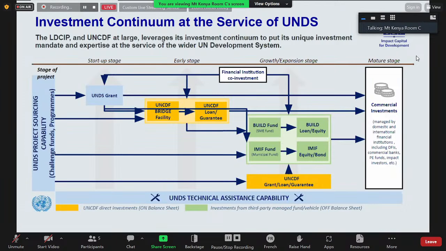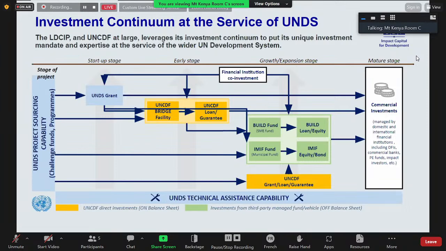So we have another vehicle which is called build. And build is a little more aggressive. We have a higher amount available, so we can give up to 3 million, maybe even 5 million. And we can scale the operation. It comes also with technical assistance and so on. So we can scale the operation in a very fast manner to become bankable. And the build is off balance sheet.